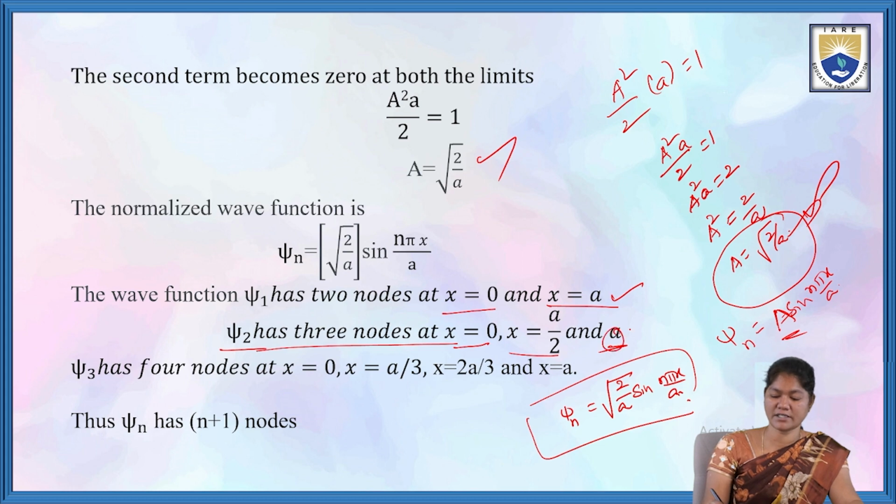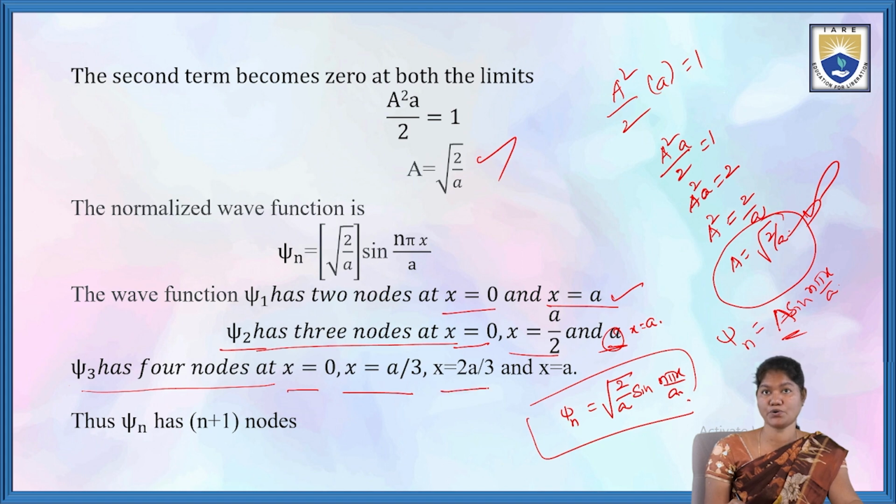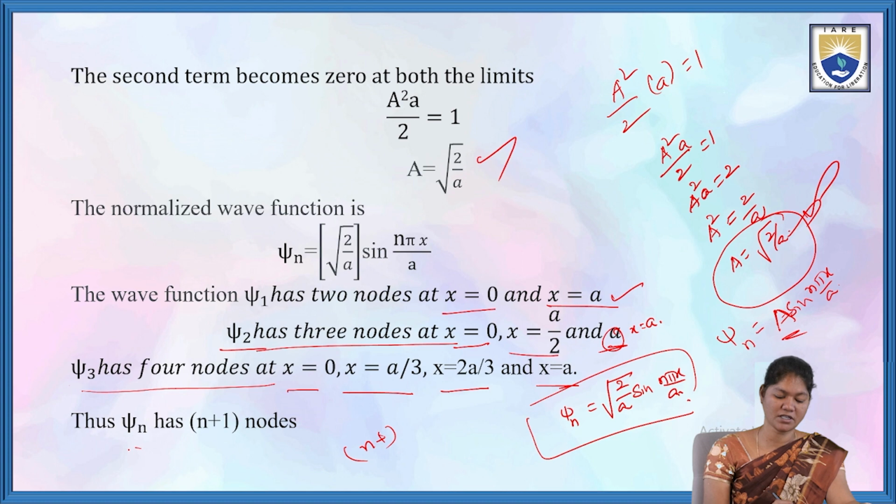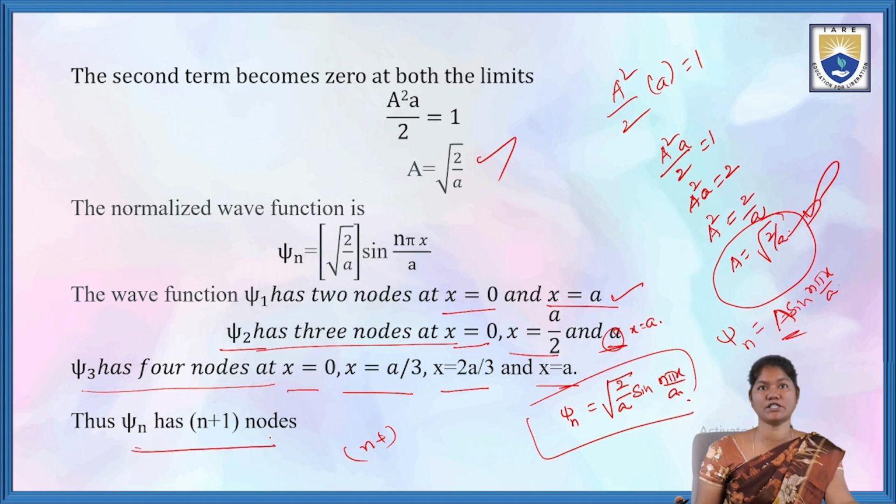Psi 3 has four nodes: x is equal to 0, x is equal to a by 3, x is equal to 2a by 3, and then x is equal to a. So the wave function psi n has n plus 1 nodes.